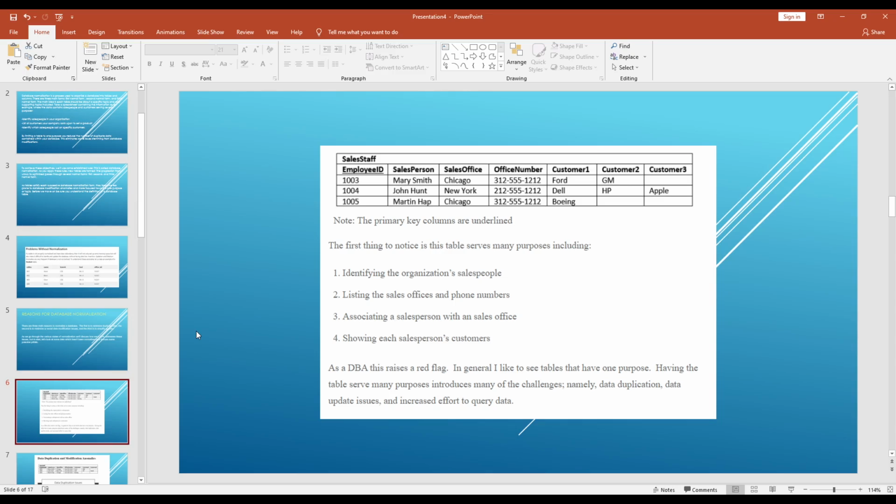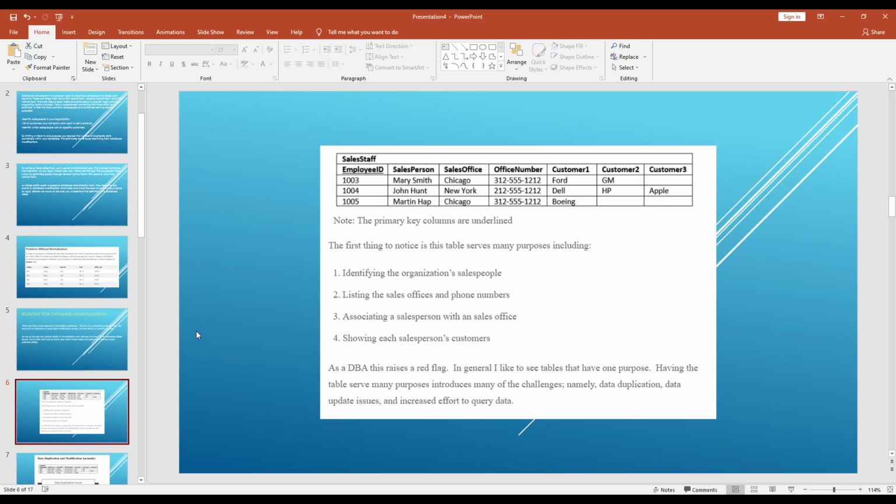And we go to the fifth column, customer 1. First row is Ford, second row is Dell, and third row is Boeing.